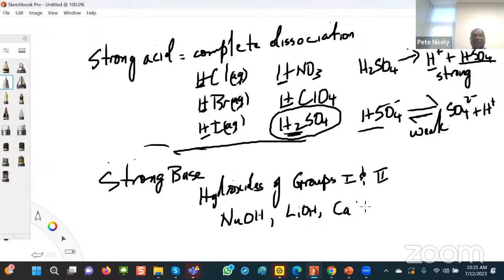These are all considered to be strong bases. So pretty much any other bases that you'll encounter for all intents and purposes can be considered weak. So it's very important that you can identify and recognize strong acids and strong bases because that will become important as well later on. Okay, so let me go back to the question now.